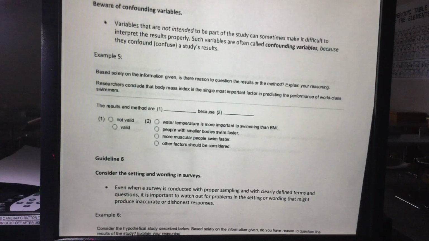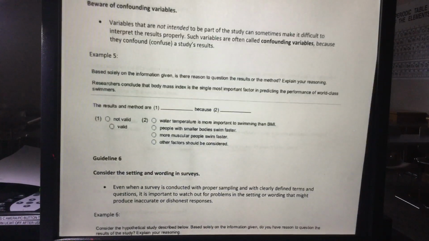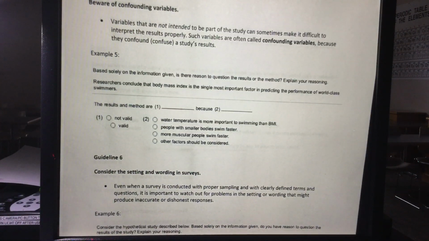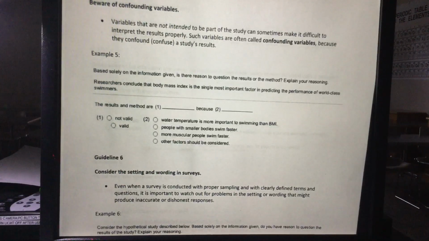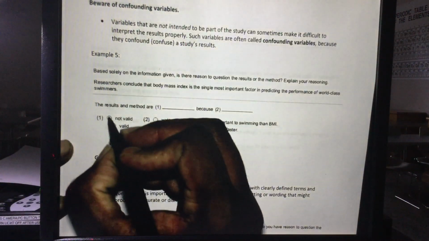Like in example 5, we have researchers concluding that body mass index is the single most important factor in predicting the performance of world-class swimmers. Would that be a valid or an invalid result? In this case, it's not going to be valid.